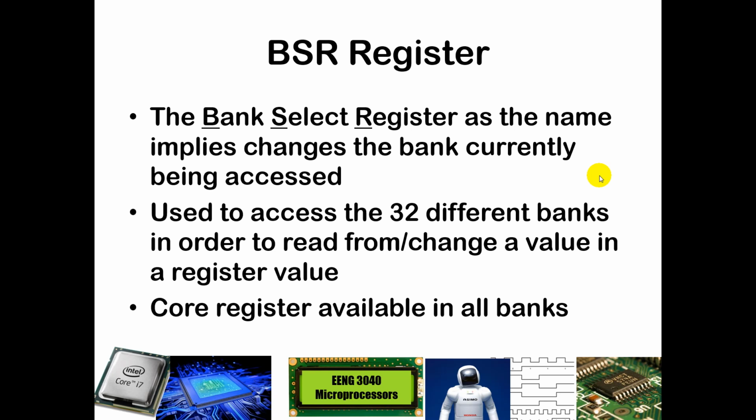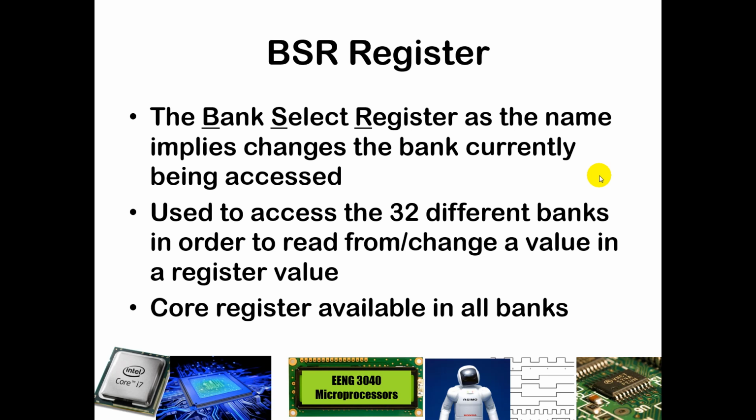The BSR, which is short for Bank Select Register, allows us to change from one bank to the other. So if you're trying to, let's say, access the value that is in a particular register, you can copy that register into the W register, which is then available in all of the banks, and then shift into another bank using the BSR, and then store the contents of the one register that's now been copied into W into another register.